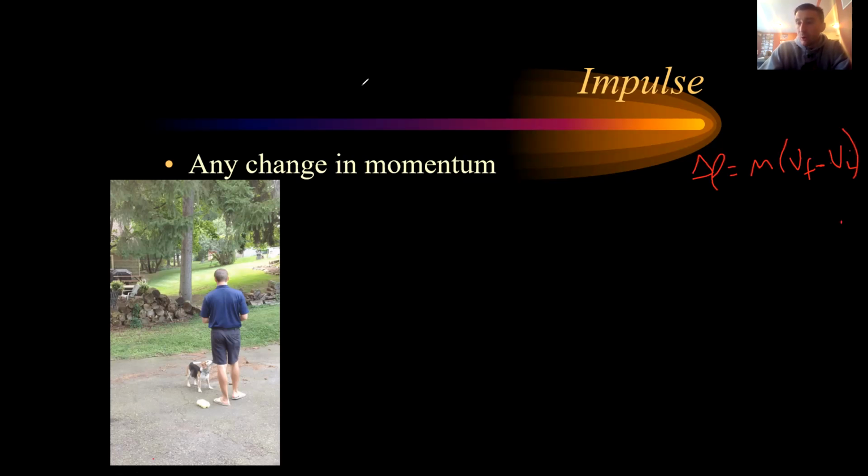So if I'm going to throw it with the same velocity, and it's going to come to rest both times, it's the same mass because it's the same egg, right? Would you agree that in two different scenarios, if I throw it and it stops, no matter what happens, it's going to have the same change in momentum? Because I'm going to throw it with the same initial velocity, and it's going to come to a stop. So the change in momentum is going to be the same no matter how I stop it, okay?